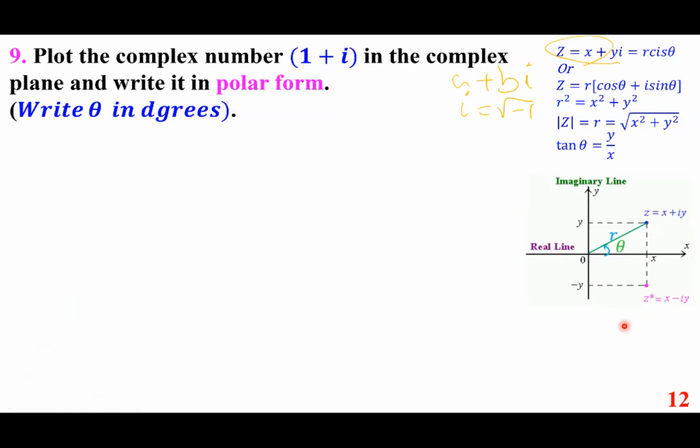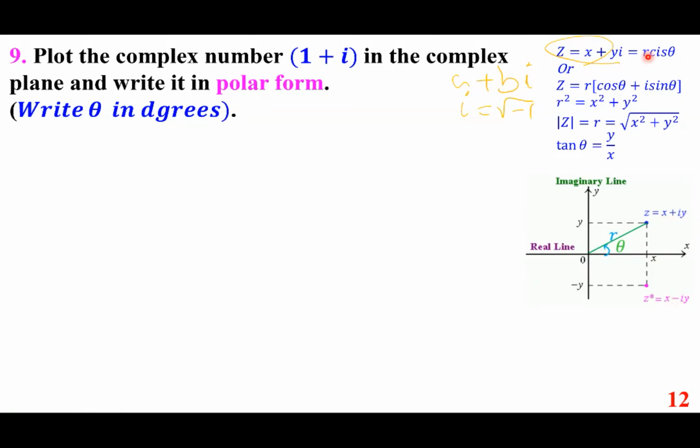So this is called the complex plane, and z bar or z star, sometimes z hat, is the complex conjugate. As you recall, the complex conjugate for a plus bi was a minus bi. So x plus iy becomes x minus iy. As a result, here's what we have.